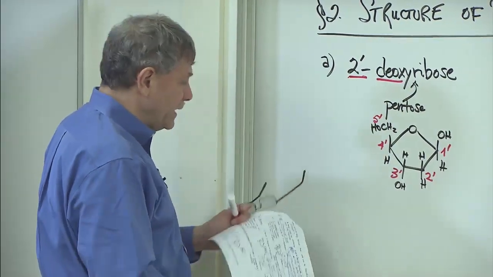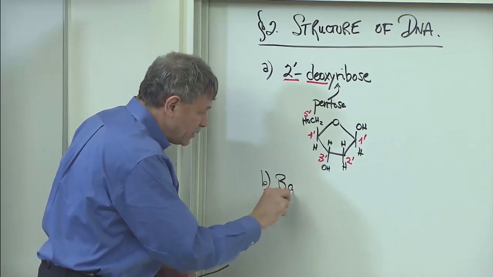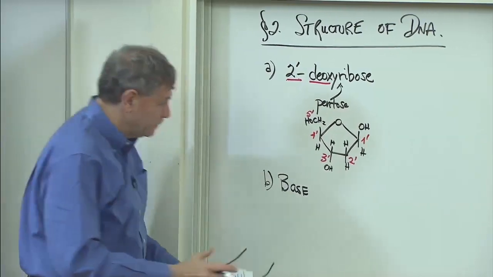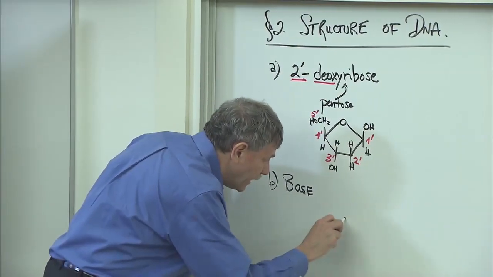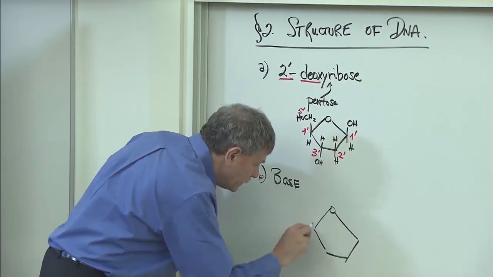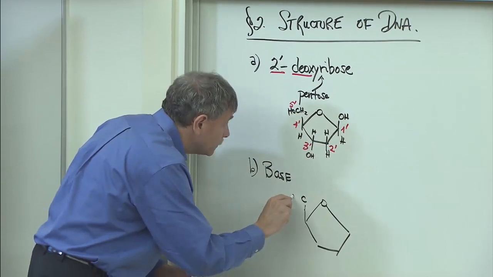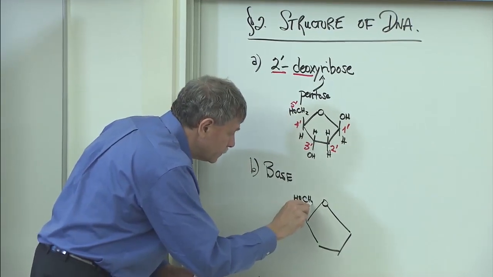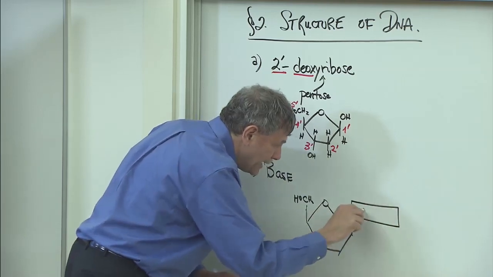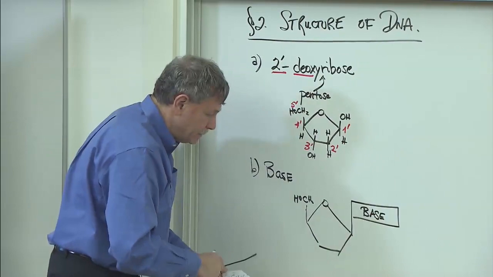Next, in thinking about DNA, we have a base. Now I'm going to simplify our sugar just down to this. The base hangs off the 1' carbon.